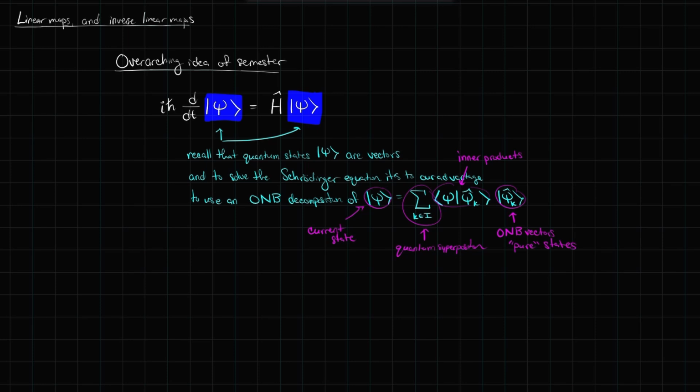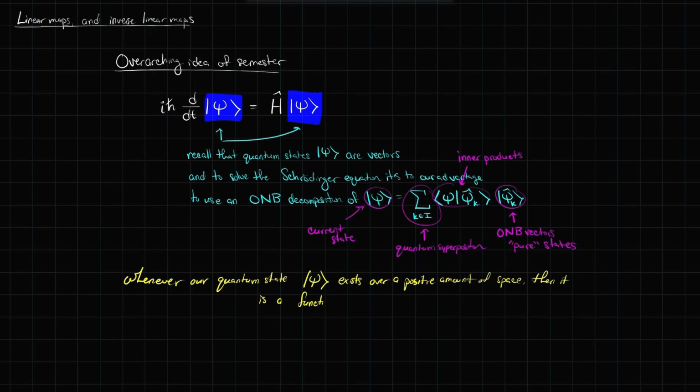But I want to remind everybody, I think everybody was becoming maybe a little lost when we were in Taylor series and Fourier series, that whenever our quantum state psi exists over a positive amount of space, then it is a function of space, meaning that psi is equal to psi as a function of x.